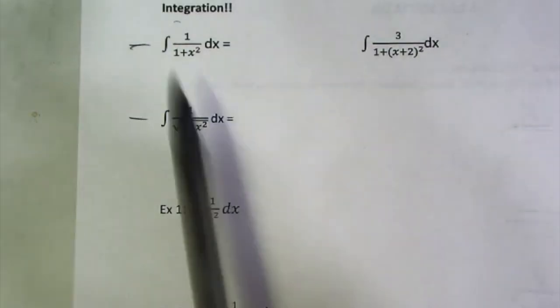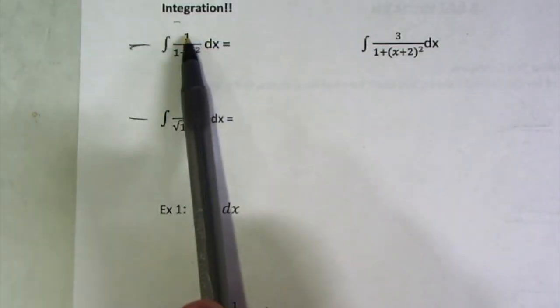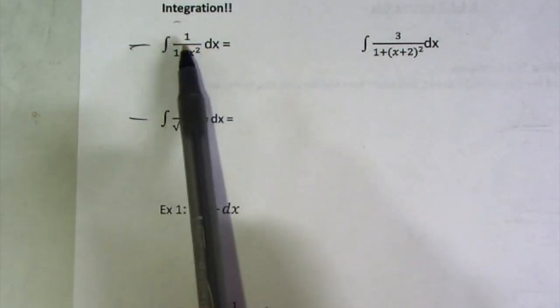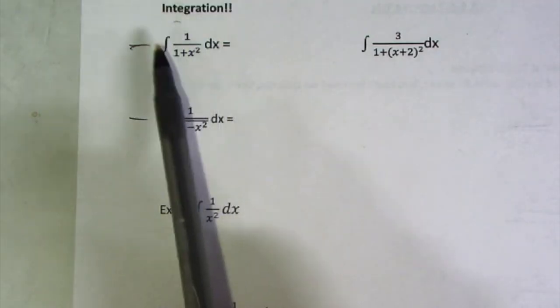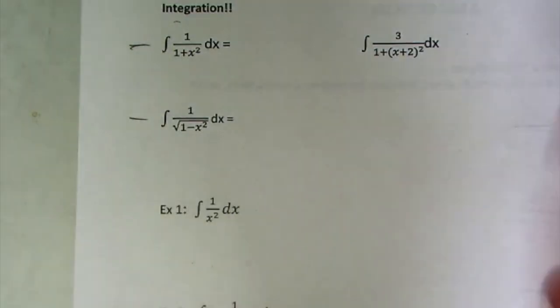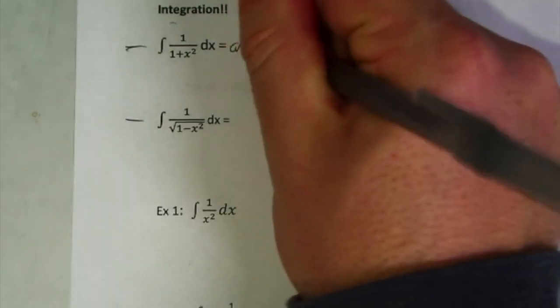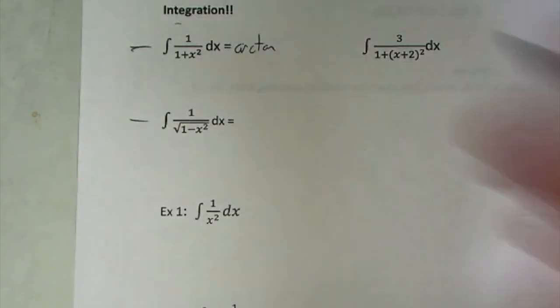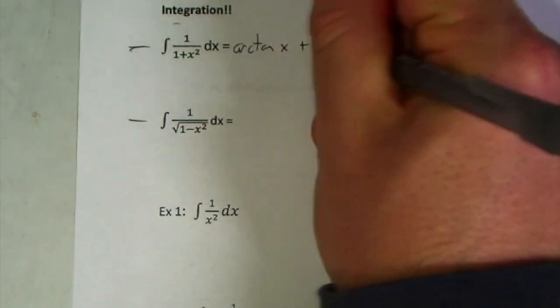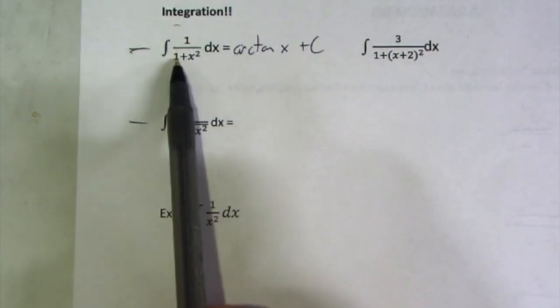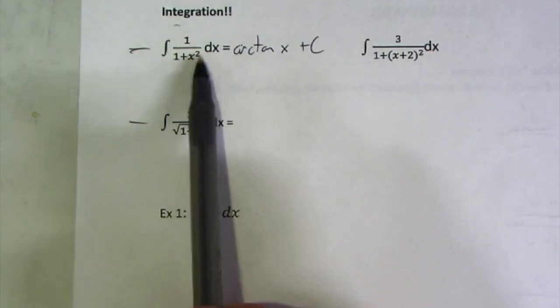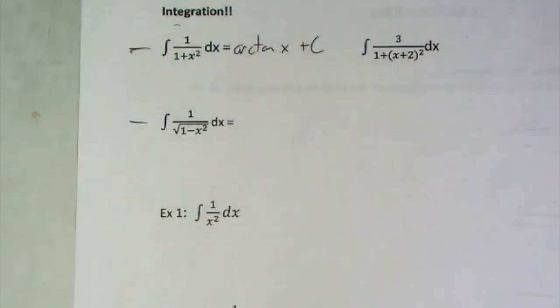We just have to recognize if you have 1 over 1 plus x squared, this becomes arctan of x plus c.